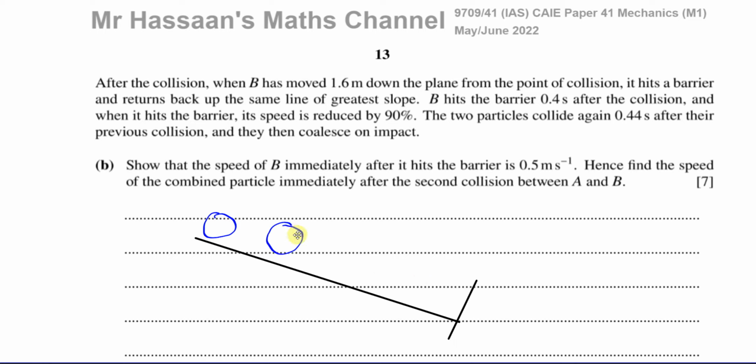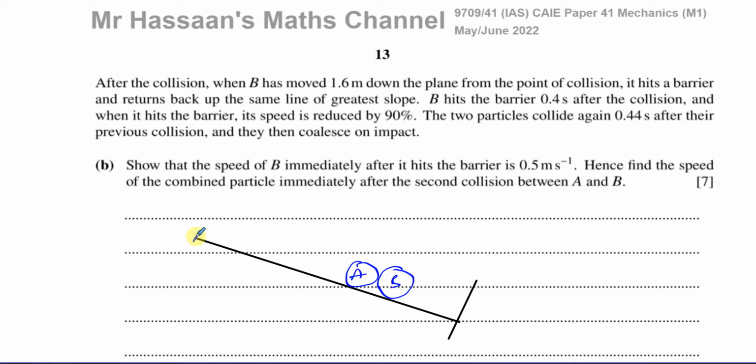So basically, in the 0.44 seconds, B has gone down, hit the barrier, and bounced up again. And A has just accelerated down the plane, and it's hit B at that point.